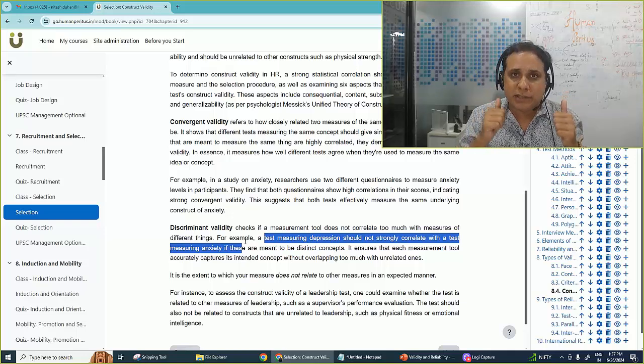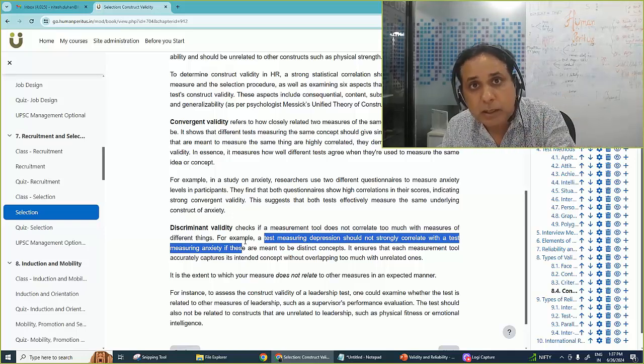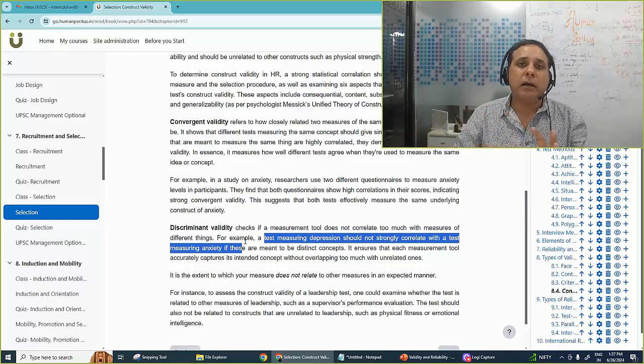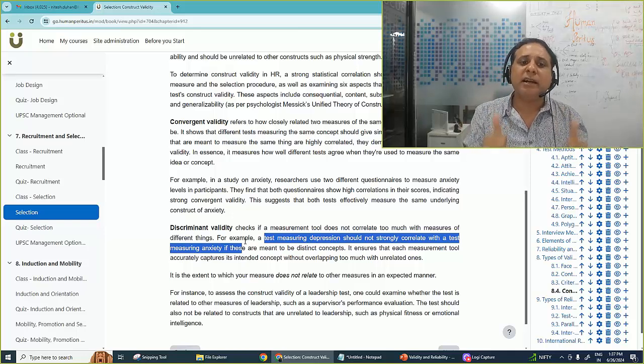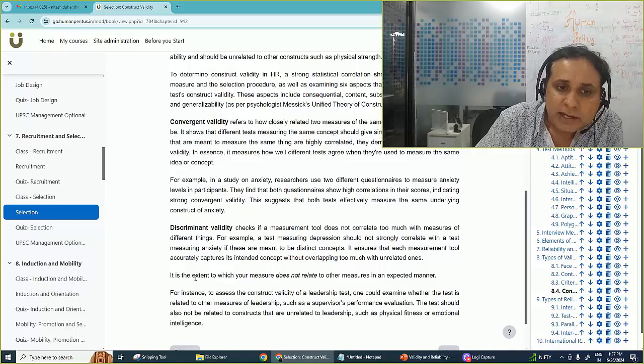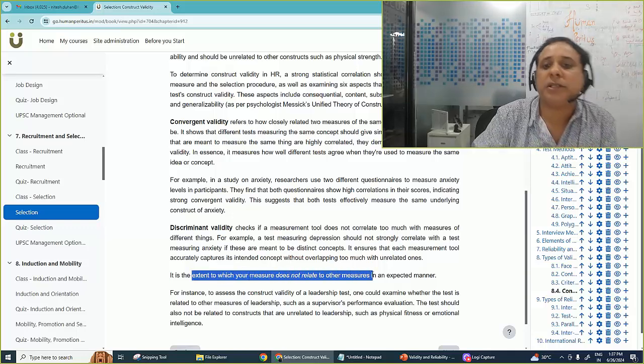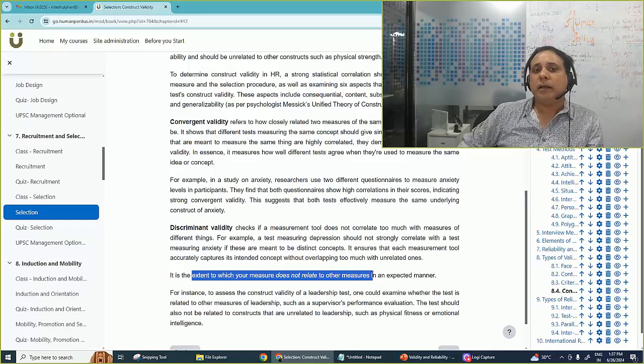If it is not capturing mental stamina, then yes, it will have discriminant validity. So you can look at the definition: it is the extent to which your measure does not relate to other measures in the expected manner.